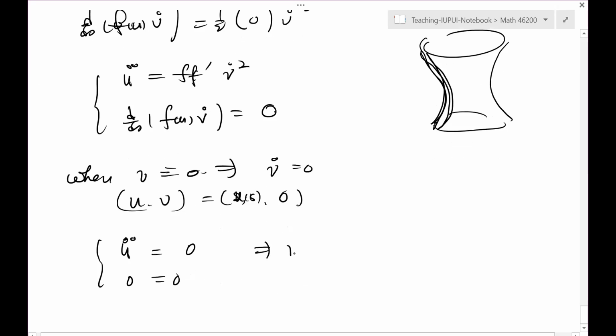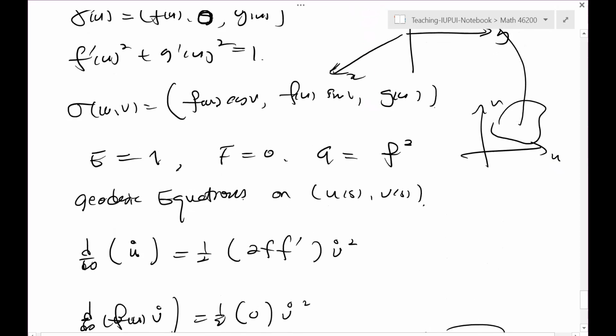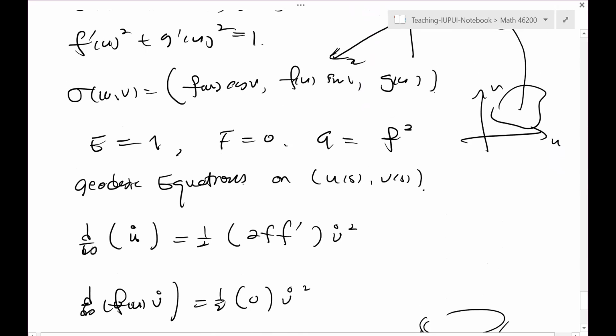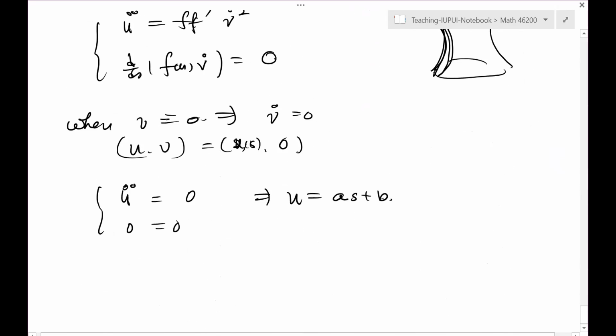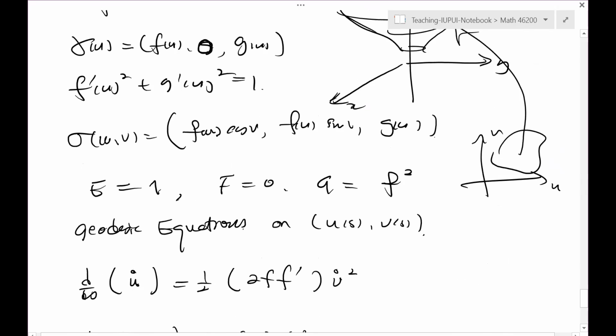So that implies u should be equal to as plus b.